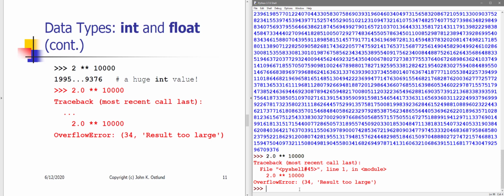Floats are able to have fractional parts, and they're able to represent values that are very tiny in magnitude, like 10 to the minus 100th power kind of thing. But the overall range of values that will fit into a float is more limited than the overall range of values that will fit into an int. So you have this trade-off between when you want to use int values and when you want to use float values.